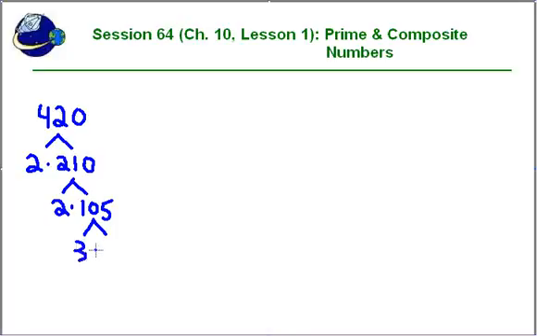So what we need to do then is to rewrite that as a product. 3 times 35 is 105. Our 3 is now prime, so there's nothing more for us to do there, but 35 is still composite. So we need to break it down into smaller numbers.